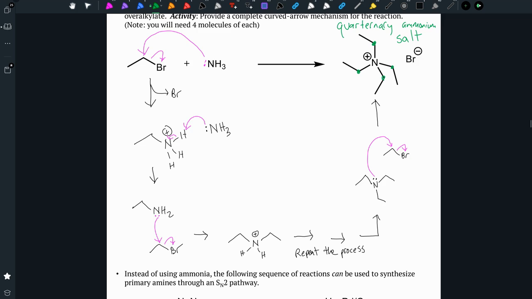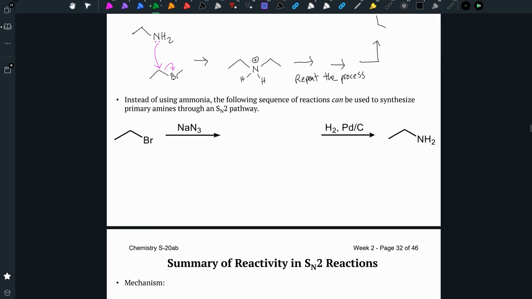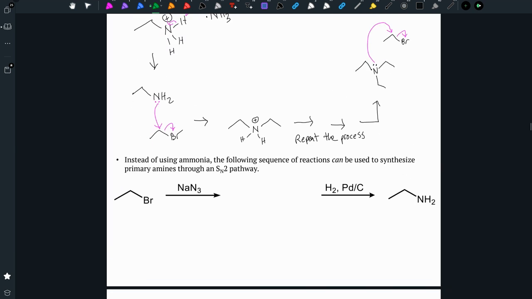So for that reason, we don't often use NH3 as a nucleophile in SN2, but we do have another workaround. If I want to add an NH2 group to a carbon, I can use the azide as an intermediate. So I can react sodium azide.